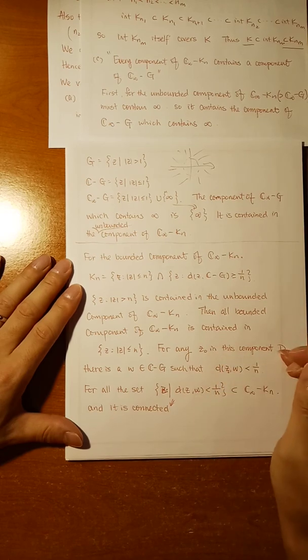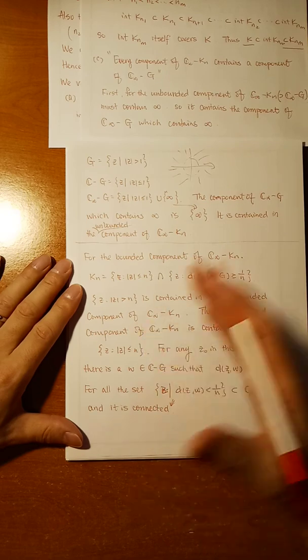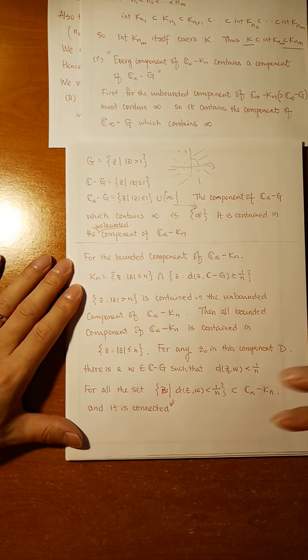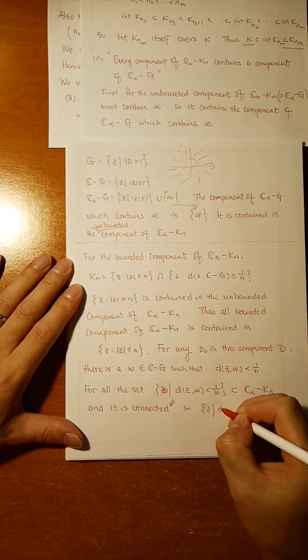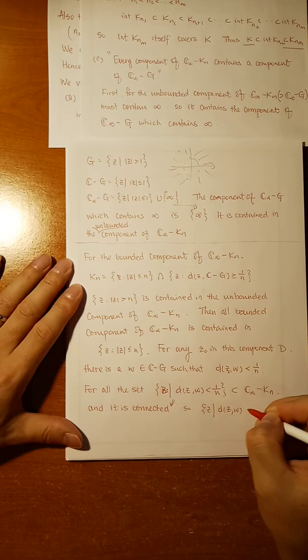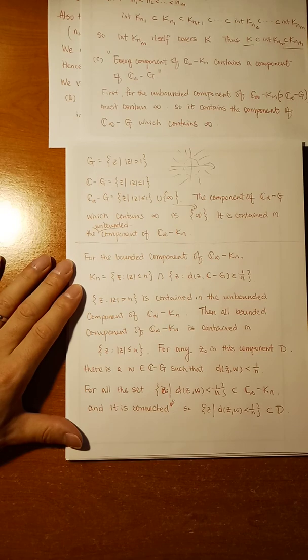Then of course the component totally contains this connected set. The connected component is the largest possible connected set containing this one fixed point. So this disk is contained in D. The disk is contained in D, right?